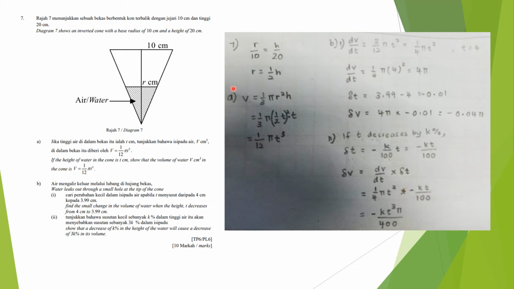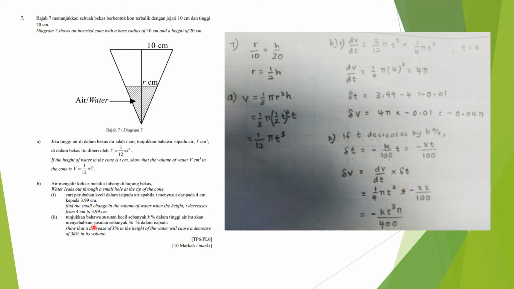So from here, for part A, we already found the volume. So for part B, we differentiate the volume. That means 1 over 12 pi T cube. When we differentiate, we just bring the power down, 3 over 12 pi T square. That when simplified becomes 1 over 4 pi T square.